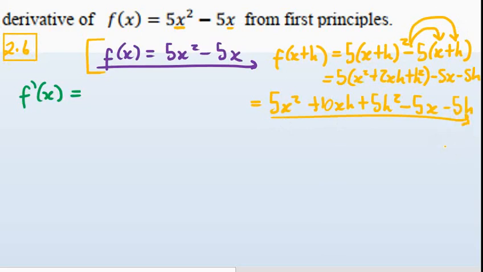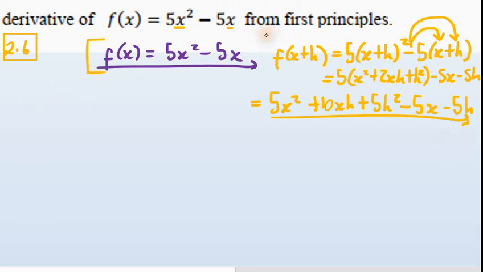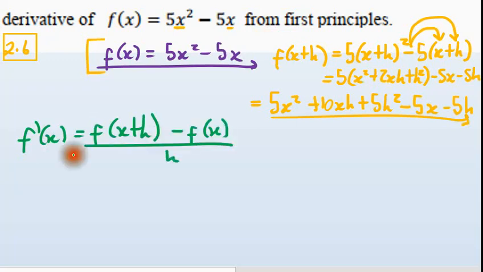I now have to go back to that equation, so this will be equal to, just rewrite it from here, f of x derivative is equal to f of x plus h minus f of x, divided by h, and we know that h approaches 0.